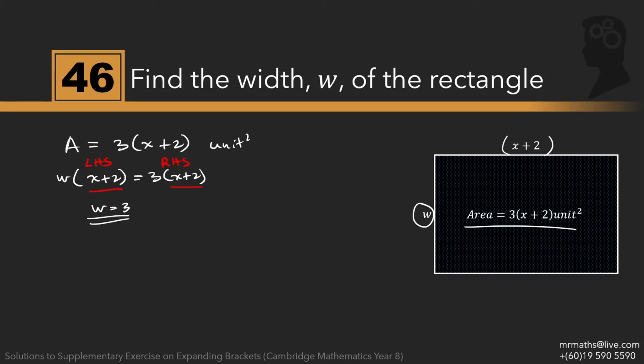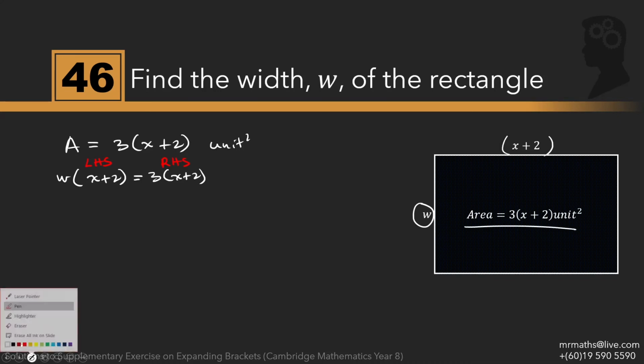Okay, the next way we can do this is to turn the left hand side to have only W, so we need to get rid of the expression in the bracket. We need to get rid of x plus 2 and leave only W on the left hand side of the equal sign. But how to get rid of x plus 2? Well, we can divide the whole expression by x plus 2, because x plus 2 divided by x plus 2 is equal to 1.